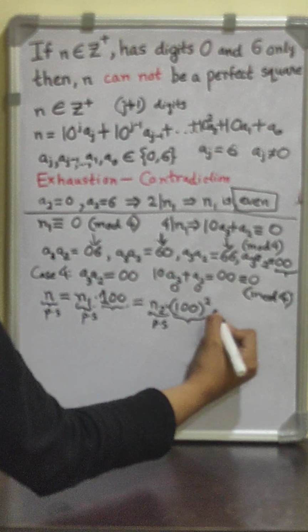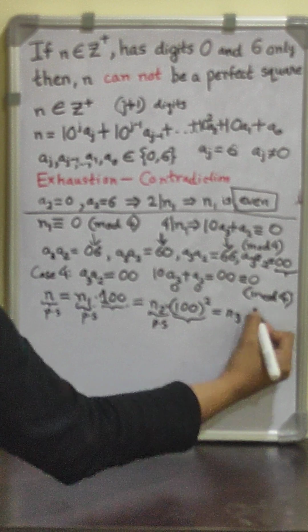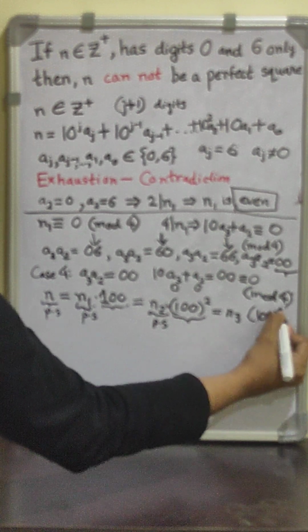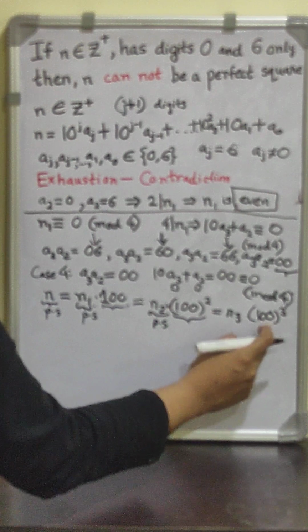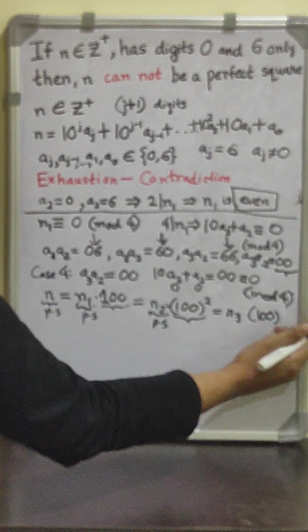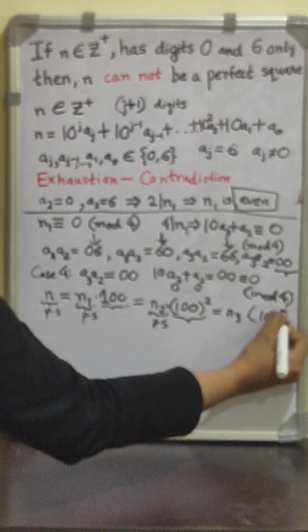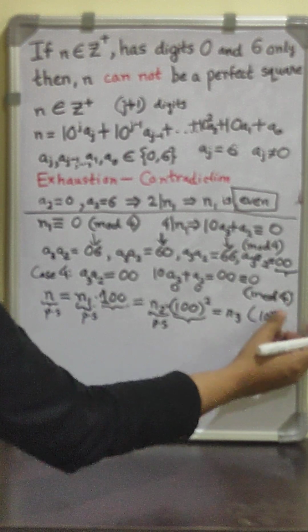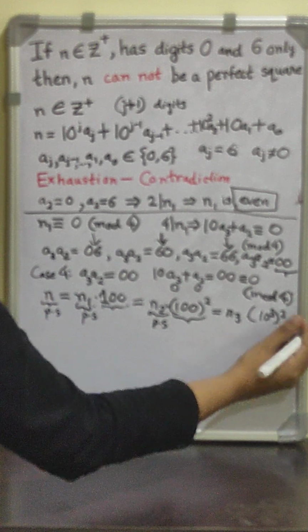I'll do something interesting here. I'll write this as n3 times 100. This looks like a cube, but it's a factor of 10 squared. You might even choose to write it like 10 squared 10 cubed, and using the exponential properties you can swap it and it becomes a square.